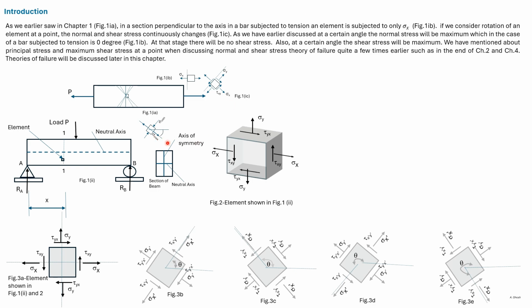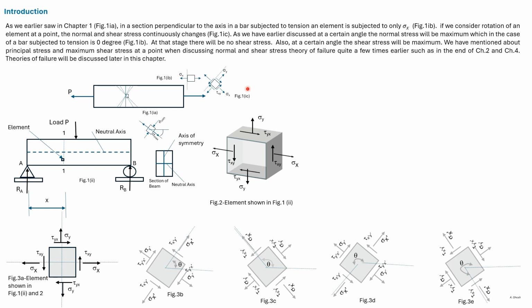However, also here, if we consider alpha minus 45 and alpha plus 45, then we'll get the position where the maximum anti-clockwise shear stress and clockwise shear stress act.